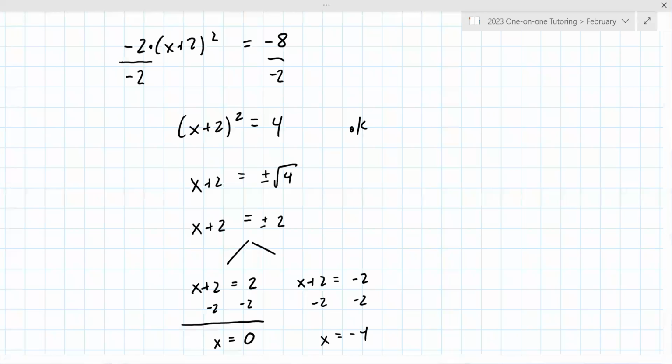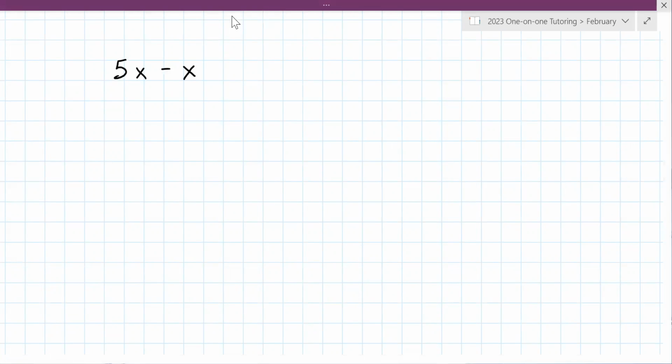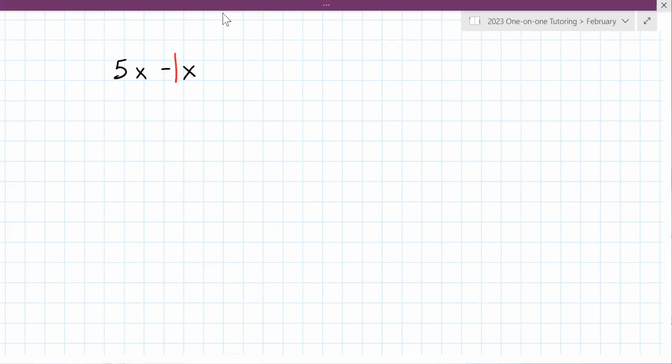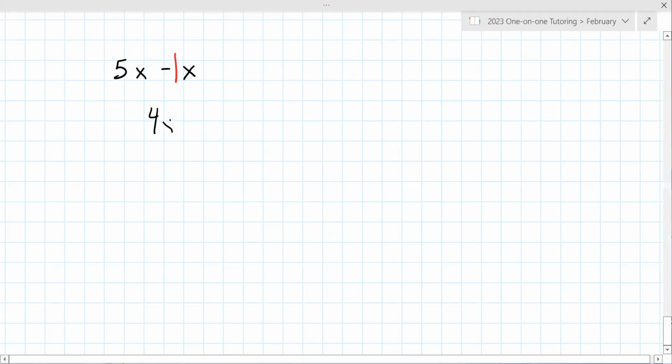Yeah, but here's what I think you're referring to. If I asked you what is 5x minus x, there's really a 1 in front of the x. You have to know that it's there, and this is really 4x. There's a lot of other things going on, like you can always divide a number by 1.